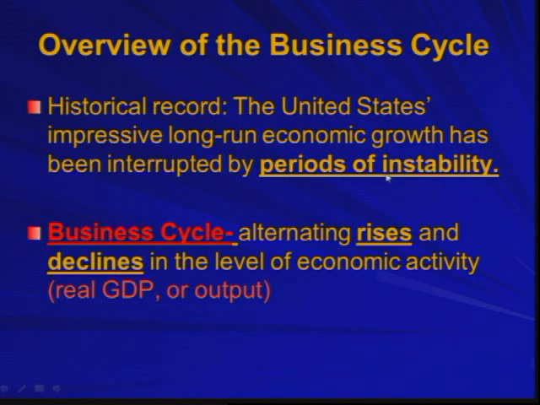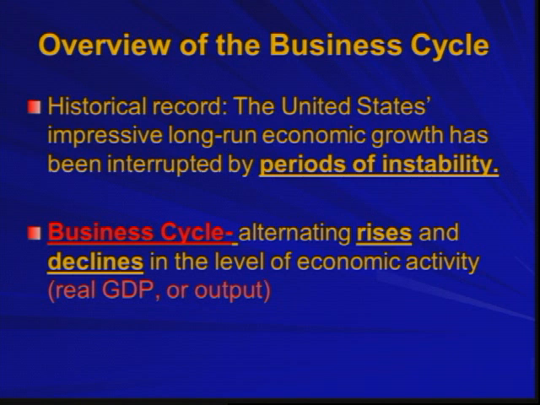And because we have sometimes negative percentage change numbers, sometimes it's positive, sometimes we reach our goal of 3, sometimes actually we grow a little bit faster. Well, these periods of instability and these alternating periods of rise and decline in economic activity is what we call the business cycle. Sometimes our economy grows, sometimes it shrinks, sometimes it contracts.